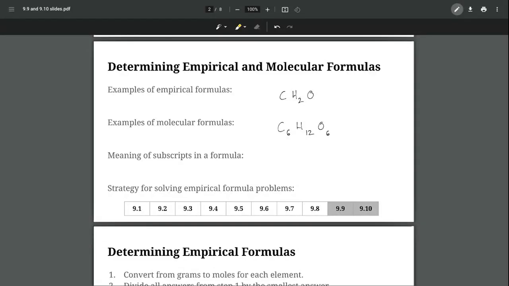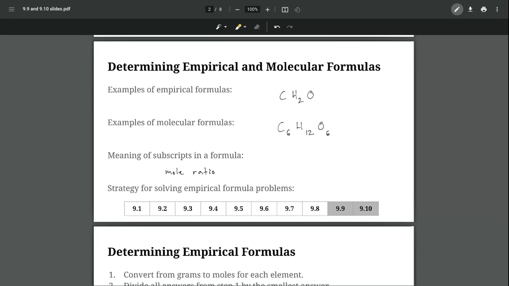And so the meaning of subscripts in a formula is that they're the mole ratio of those elements. Across an empirical and molecular formula for the same compound, the ratio is going to be the same. 1 to 2 to 1 is the same as 6 to 12 to 6.